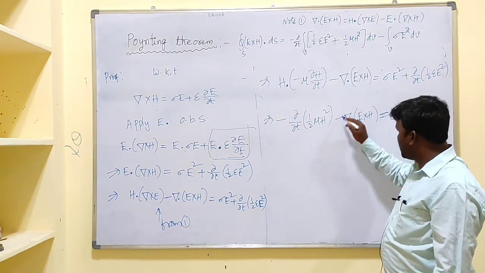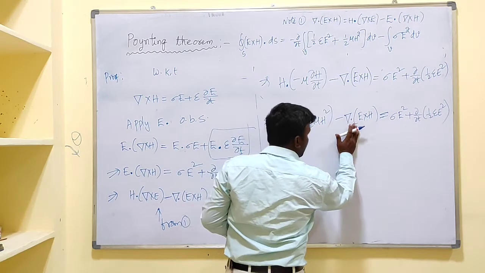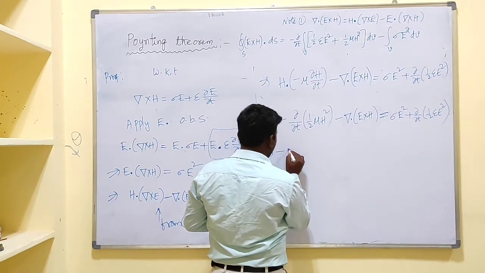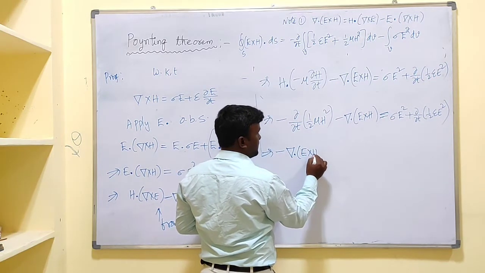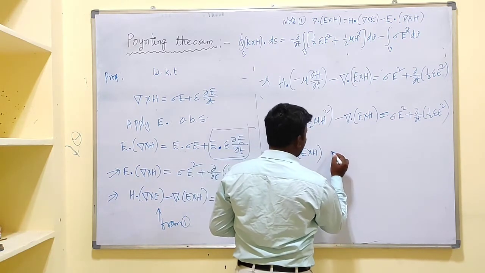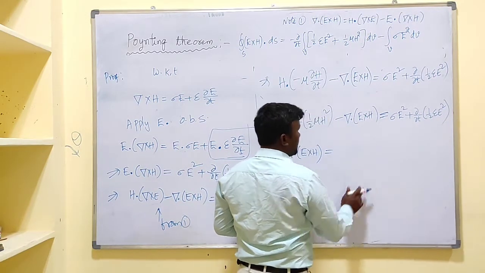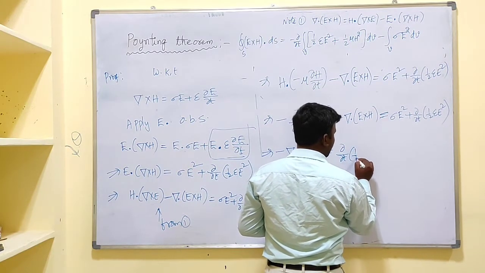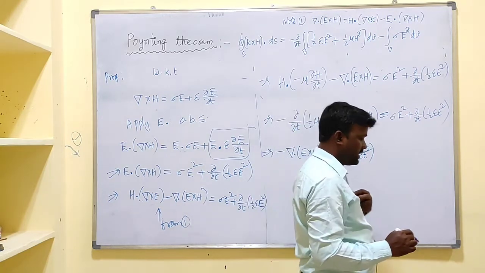Now put only this part on this side and send the remaining part to that side. We will get minus ∇·(E×H) is equal to σE², or else write the first term, ∂/∂t of (1/2 ε E²).